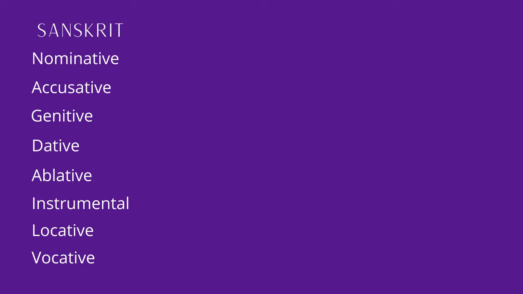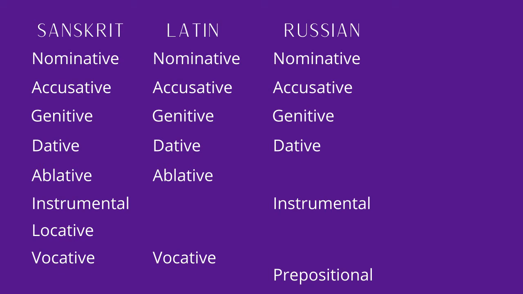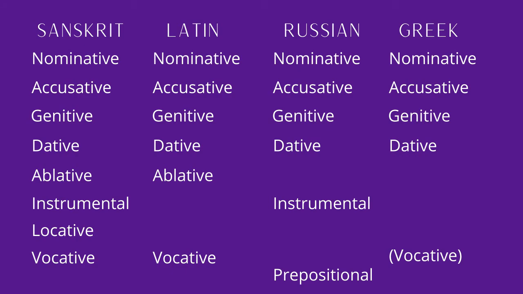As I mentioned, all of these cases are preserved in Sanskrit, but other Indo-European daughter languages have preserved different amounts and in different ways. Latin, for instance, has folded the instrumental into the ablative, and most of the locative is taken over by the accusative. Russian has only 6 cases, one of which is called prepositional, and Greek only has 4.